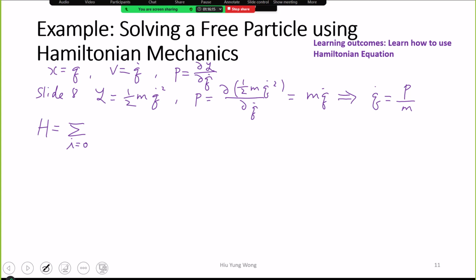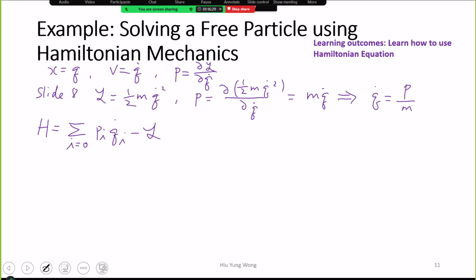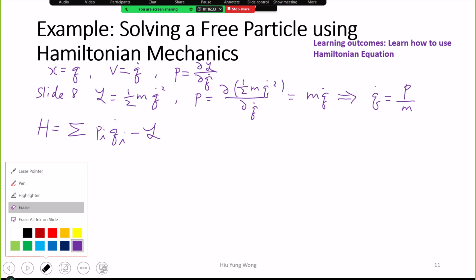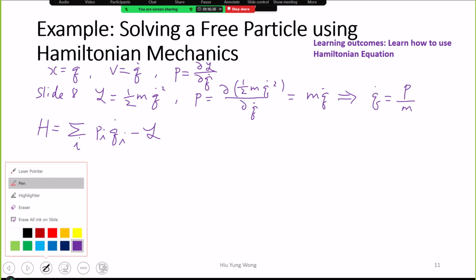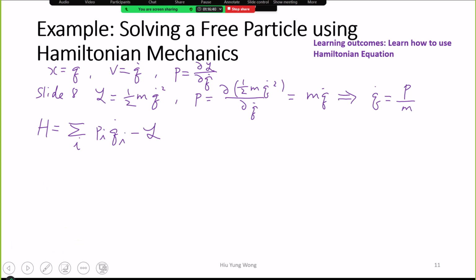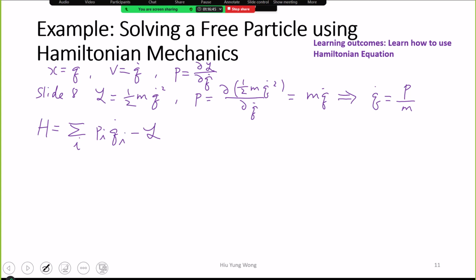But how many coordinates do I have in this case? One, right? Because this is a 1D particle. So because of this, I have only p q dot minus L.